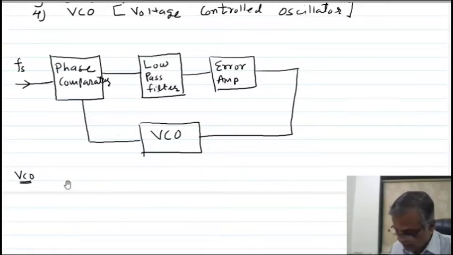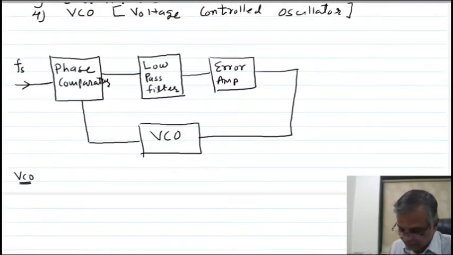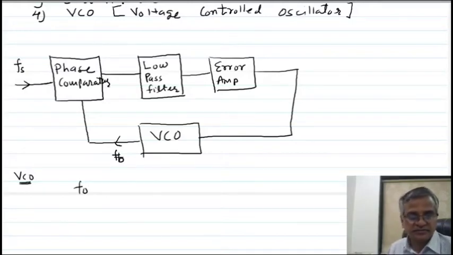It operates at frequency FO, so this generates the frequency FO. FO is a free running frequency. The frequency FO is determined by the timing capacitor C and resistor R.